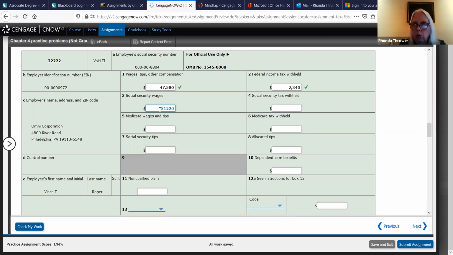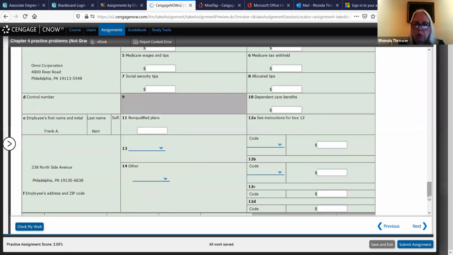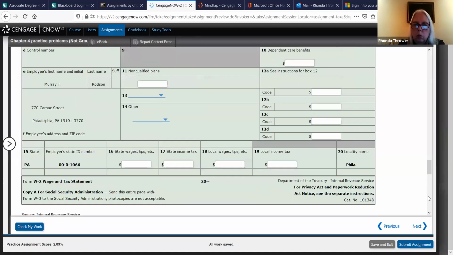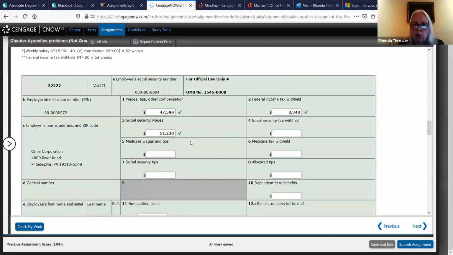Notice we don't withhold the 401k plan. We're looking at the wages that are subject to Social Security, which are all of his wages. So take the gross pay and multiply it by 52. Check your work, and your Social Security wages are this.